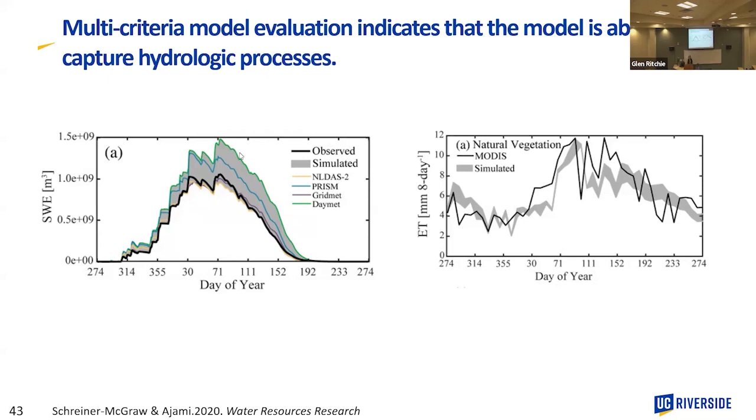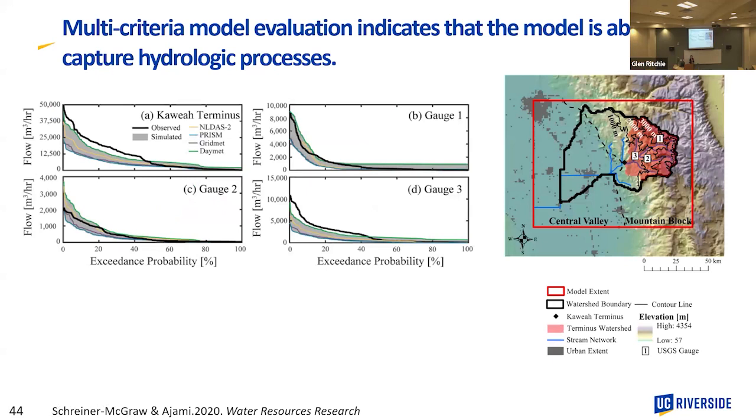Similarly, there is also quite a bit of variability in evapotranspiration when we are comparing our simulations with remotely sensed ET products. We also do comparison with the stream gauging stations across multiple locations in the network. And I should say that these are just using some sort of default hydrologic parameters in the model.